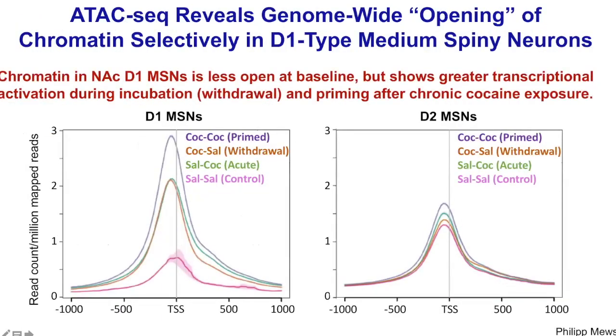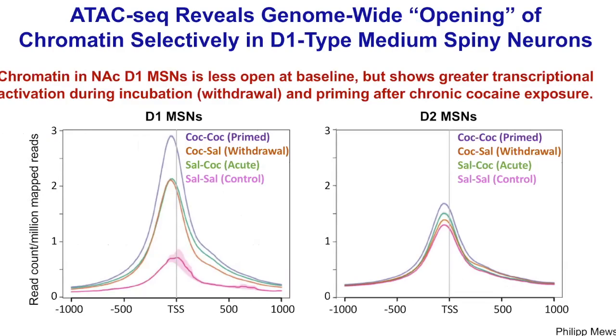So more recently, Philip Muse, a postdoc in the lab, has started to do this. He first used ATAC sequencing, which provides a means of looking at the spacing of nucleosomes within a group of isolated cells.